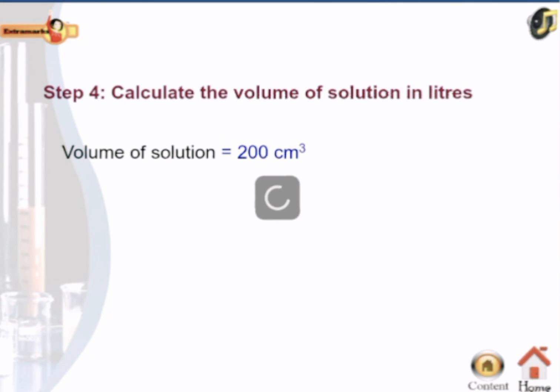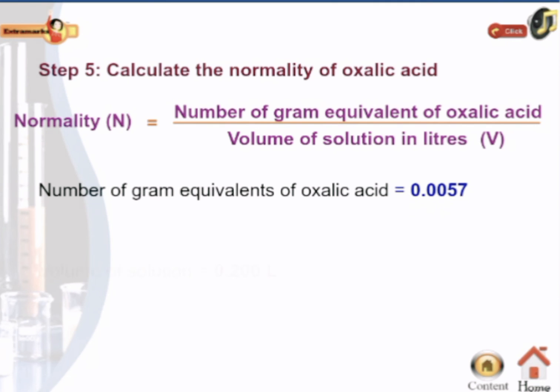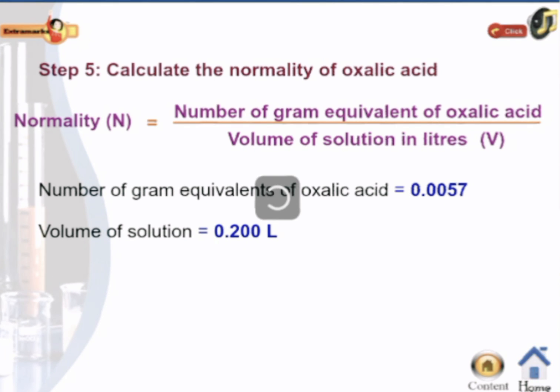Step 4. Calculate the volume of solution in liters. Volume of solution is equal to 200 centimeter cube. As we know, 1 liter is equal to 1000 centimeter cube. Therefore, the volume of solution in liters is equal to 0.2. Step 5. Calculate the normality of oxalic acid with the help of the given expression.